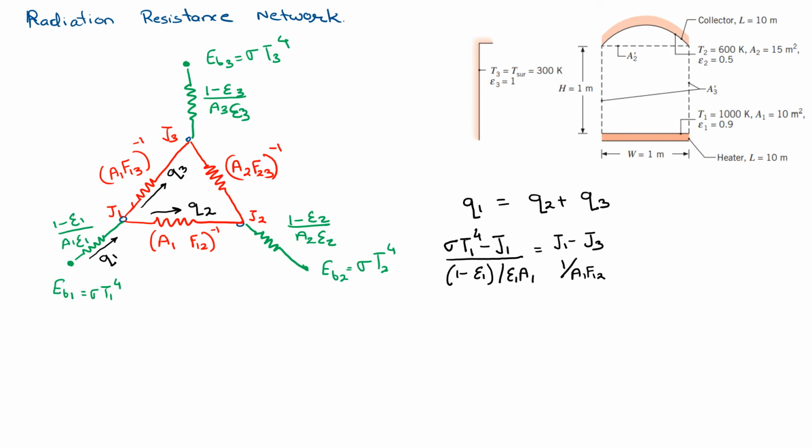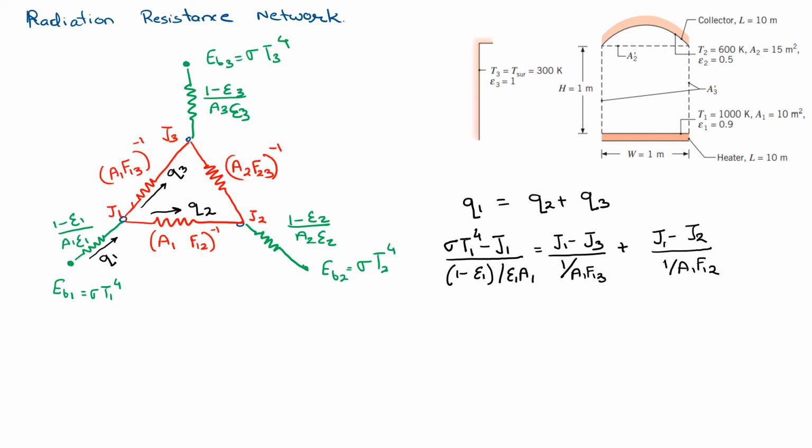Right, so that's our Q2 plus Q3, which will be J2, or J2 J1 will be J1 minus J2 divided by 1 minus, oh this here will be 3 and not 1, A1 F12.